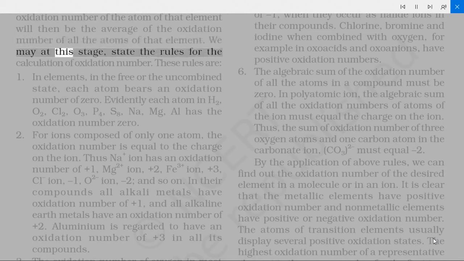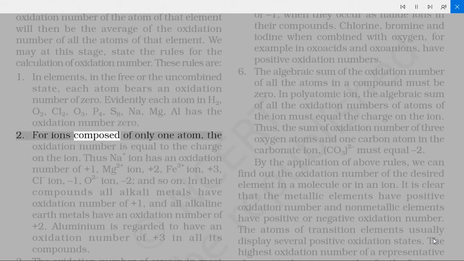We may at this stage state the rules for the calculation of oxidation number. These rules are: 1. In elements, in the free or uncombined state, each atom bears an oxidation number of 0. Evidently each atom in H2, O2, Cl2, O3, P4, S8, Na, Mg, Li has the oxidation number 0. 2.